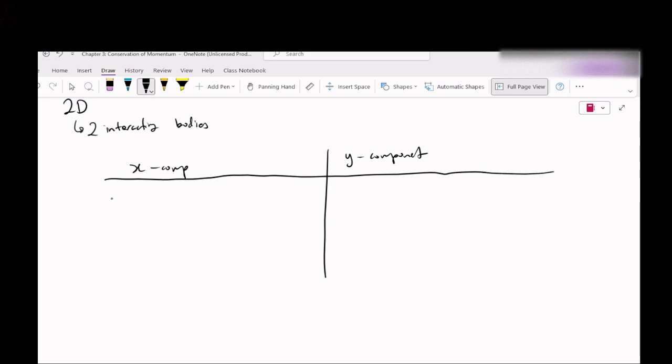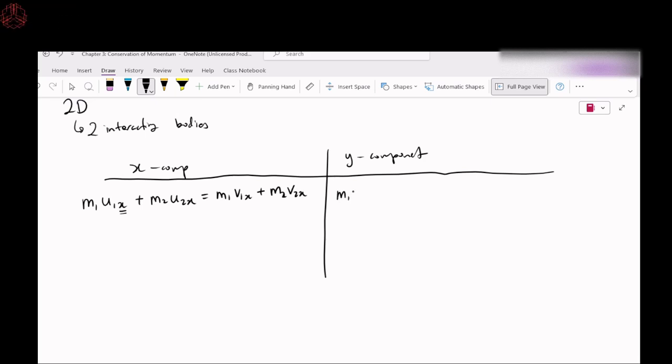So if I have two interacting bodies, I will have m1 u1x, the initial velocity of body 1 in the x direction, plus m2 u2x, which is going to be equal to m1 v1x plus m2 v2x. Same goes for the y component.